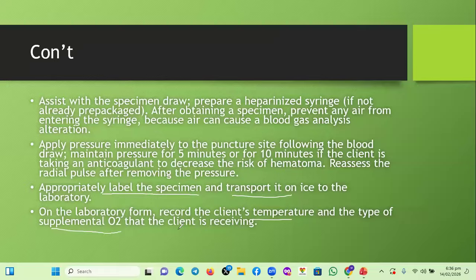So these are examinable things. That's why I've taken my time to do it with you. If the client was on oxygen, you indicate the amount of oxygen the client was receiving, and the client's temperature. Then you transport the sample to the lab on ice.